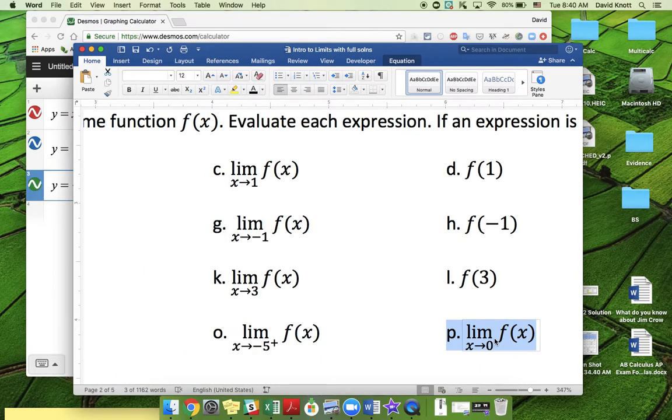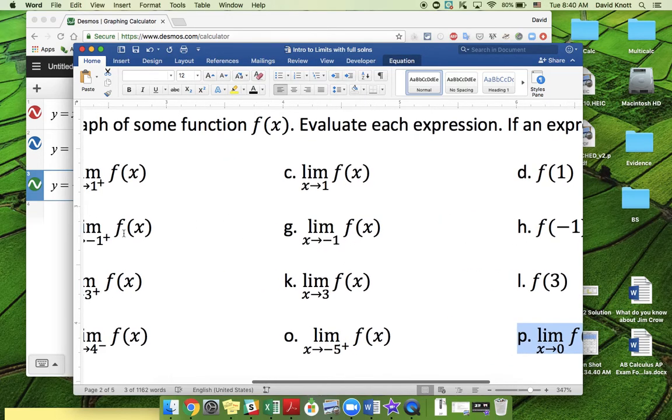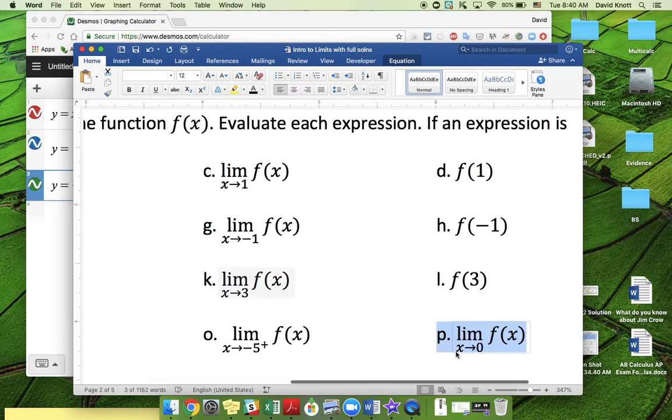There's no plus or minus sitting above this 0 here, unlike over here there's a plus or elsewhere there's a minus. That means that this is a two-sided limit, right? And a two-sided limit is only defined if the left and right hand limits agree, that is, if they're equal.